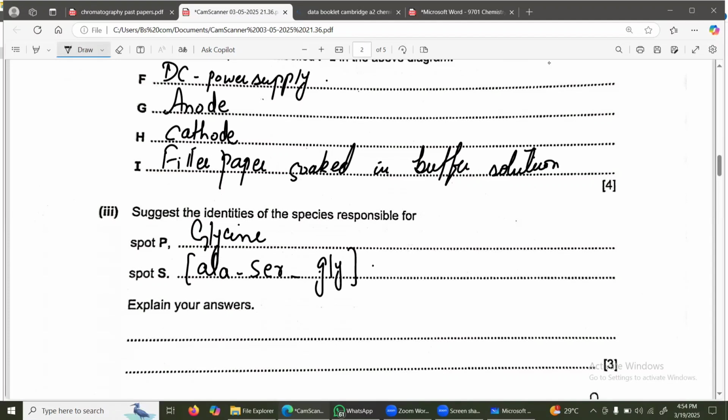Okay, so I have to write the explanation also. Because glycine is smallest, it travels fast.